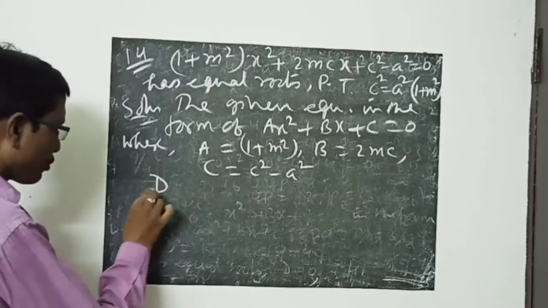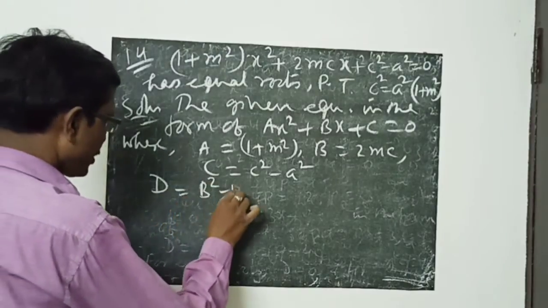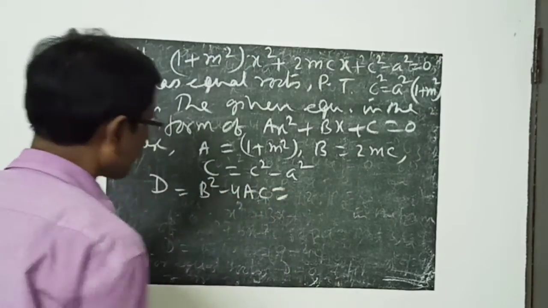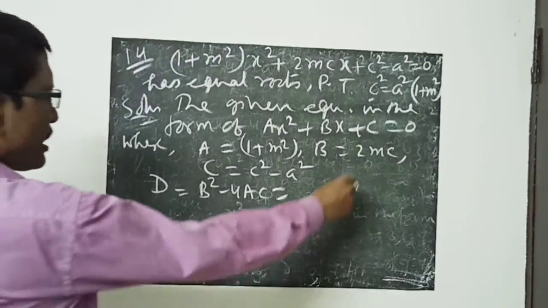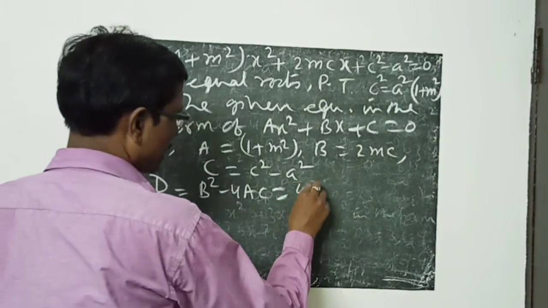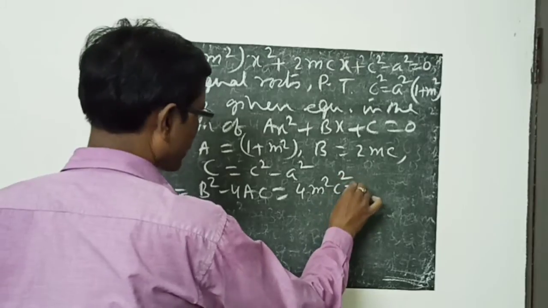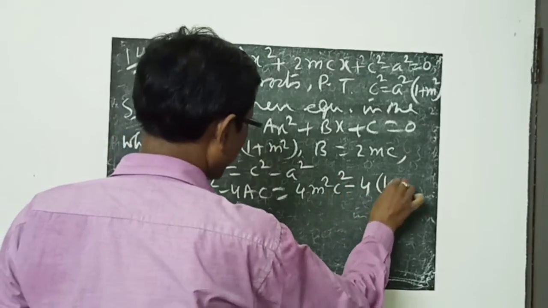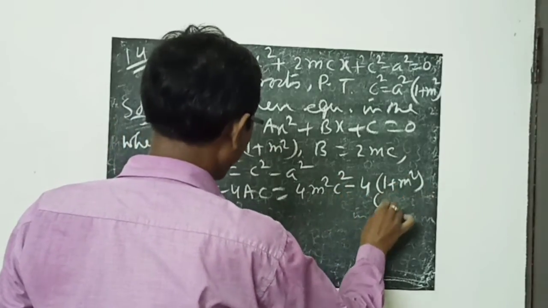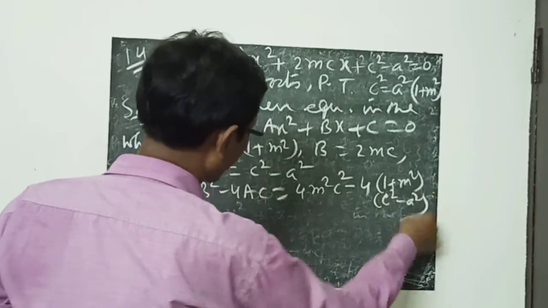So for D we get B square minus 4AC, which ultimately is 4m square c square minus 4 into (1 plus m square) into (c square minus a square).